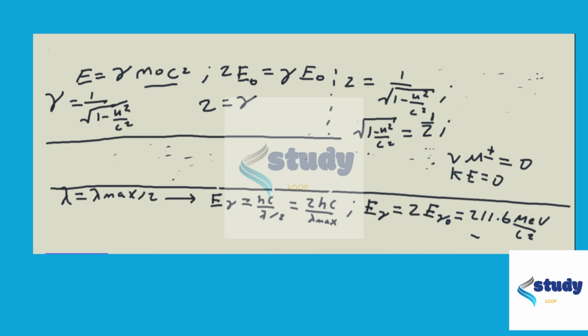All right, let's go ahead and think about this. After doing some algebra, I will get that u is equal to the square root of 1 minus 1/4 times c, or 0.86 times c.